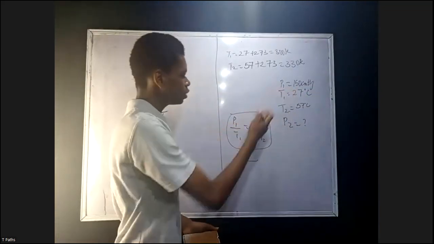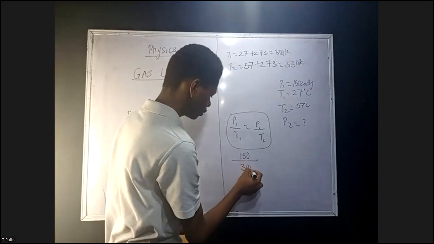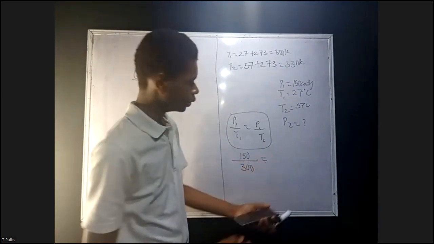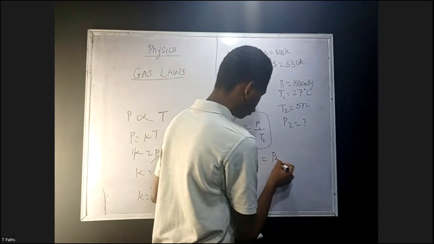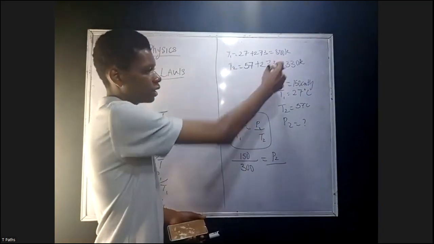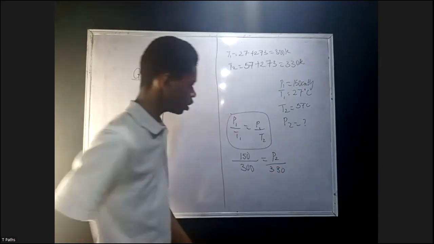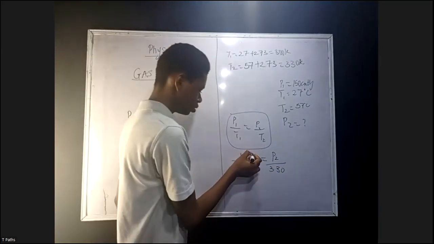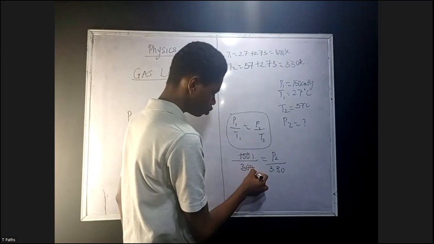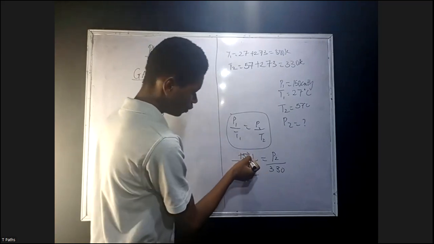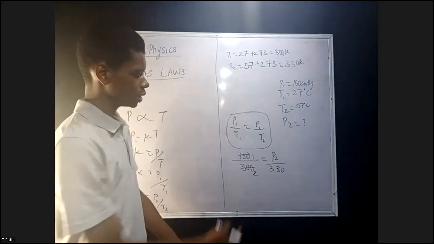So now my T1, which is 300, is equal to my P2, which is the unknown value I'm looking for, over my T2. My T2 is 330 Kelvin. So now from here, I can say 150 can go into 300 twice. So this is 1 over 2.